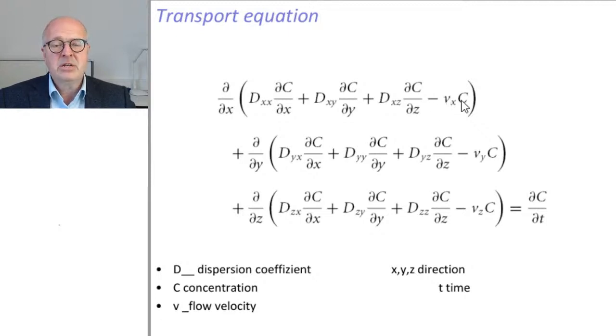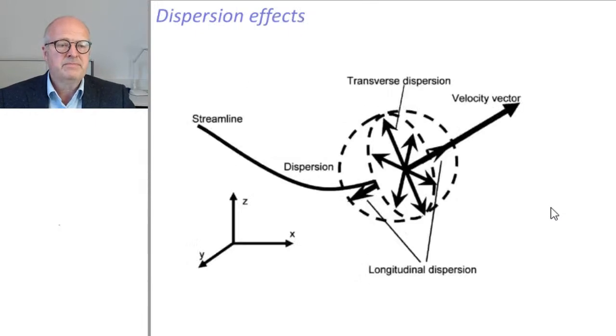And this is the change of concentration induced by the flow. So this here is actually the advection, the transport of the chemical itself, and this is the spread of the chemical. And both the advection and the convection, if you want, result in a change of concentration in time. So this is the basic equation for transport.